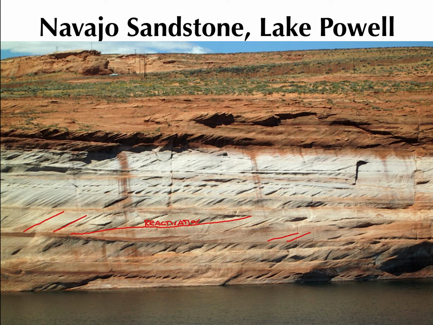The reactivation surfaces are cross-cut by superposition surfaces, such as this one, where you get one set of cross-bedded sand superposed on top of another. And we see there's another reactivation surface in here.